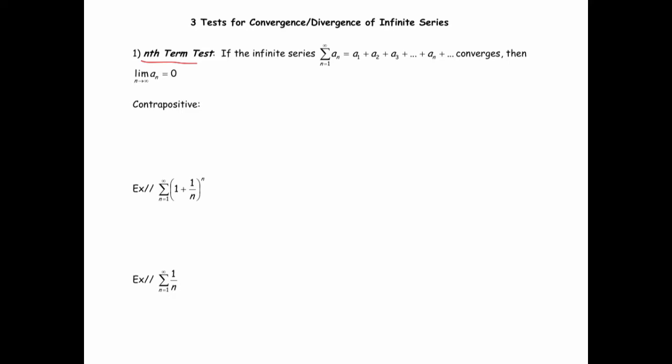As stated, this isn't very useful, but if you take the contrapositive, that would mean to negate the conclusion. So if the limit of a sub n as n goes to infinity does not equal 0, the statement I'm about to write is logically equivalent to the original if we negate the premise.